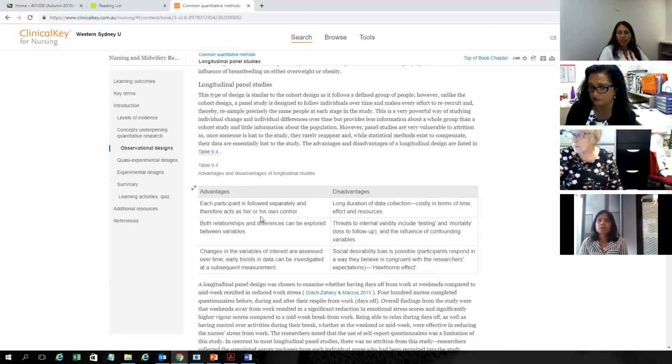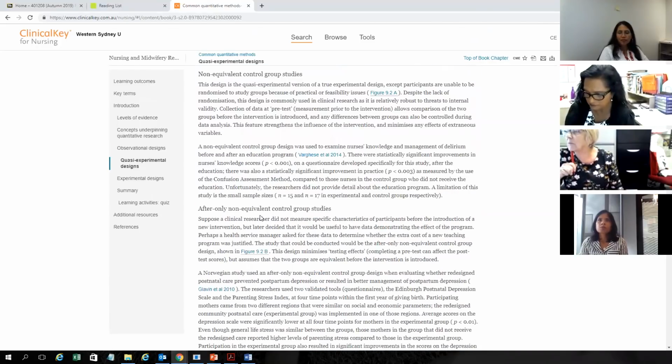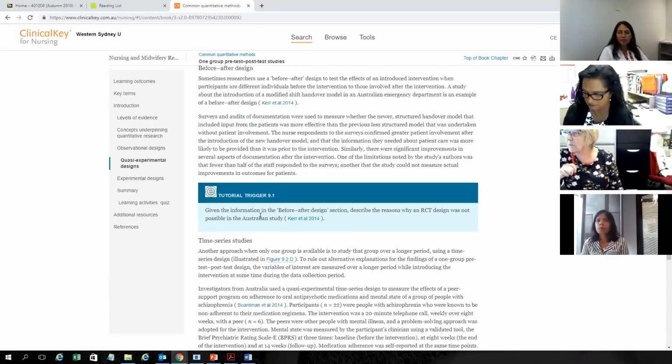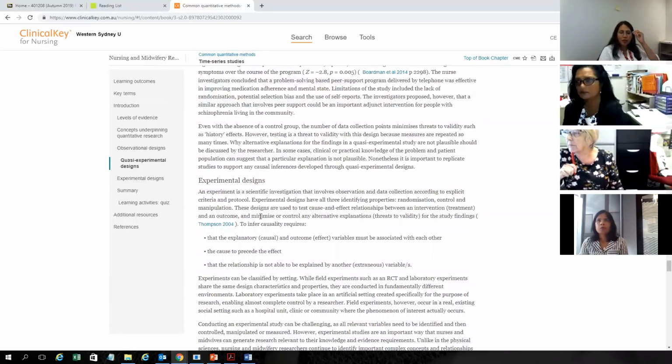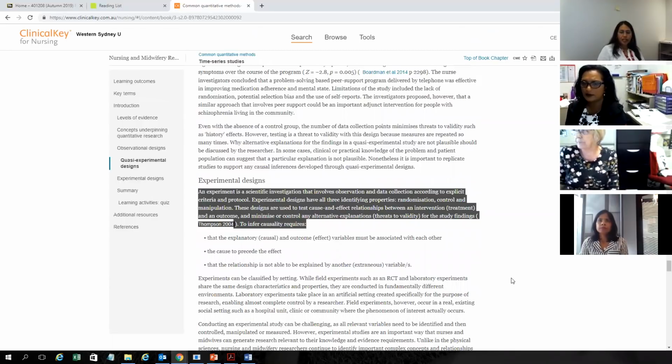So here we're just going on to experimental designs. An experiment is a scientific investigation that involves observation and data collection according to explicit criteria and protocol. Experimental designs have all three identifying properties: randomization, control, and manipulation.